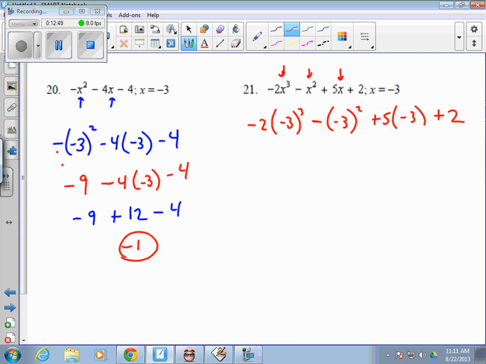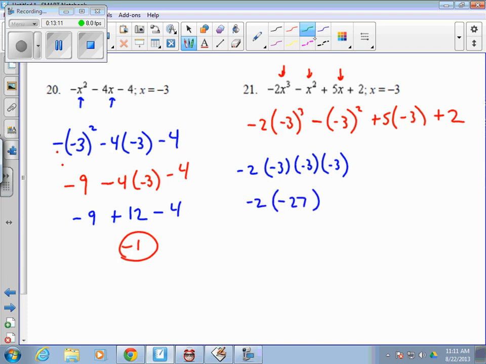Do all of your exponents first. Negative 3 to the third power is negative 3 times negative 3 times negative 3. So negative 3 times negative 3 is positive 9, and positive 9 times negative 3 is negative 27.